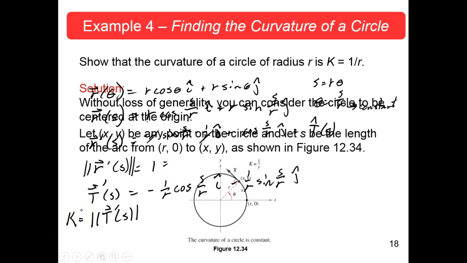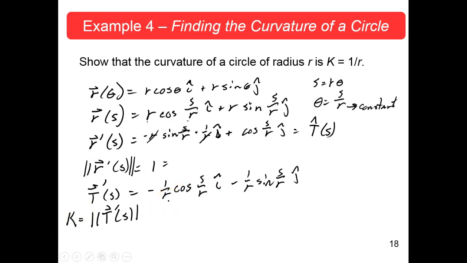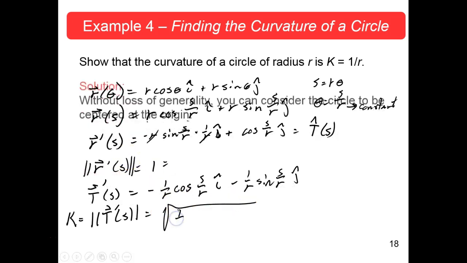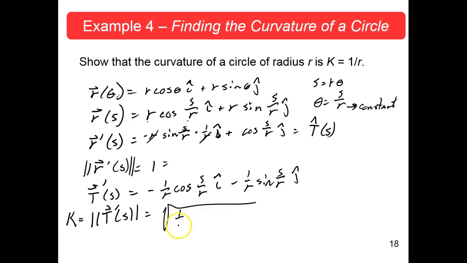I think they've already introduced, yeah, they have introduced that. Get out of there. Okay. Is equal to what? Nope, not quite. The square root of the square of these terms.